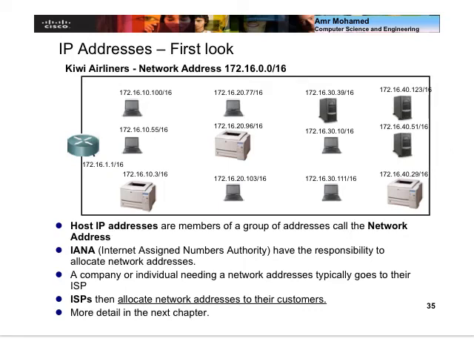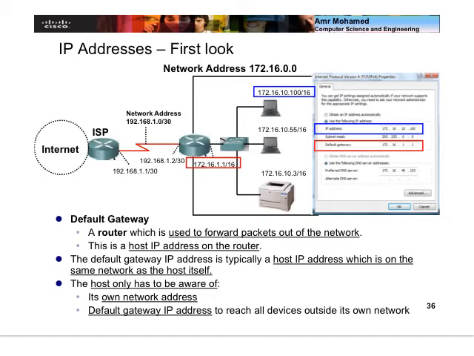Then the tier 1 service providers will say, okay, we'll take this range, we'll divide it into more sub-ranges, and we assign to tier 2. So tier 2 will say, okay, let's take this range and assign it until we reach tier 3, like the university here, which will say, okay, I will take my range and then I will assign it to specific sub-networks inside the university and so on. So that's how we assign the IP address ranges.